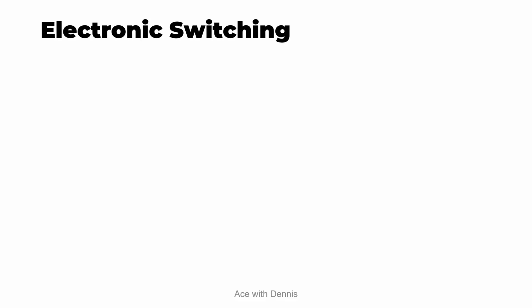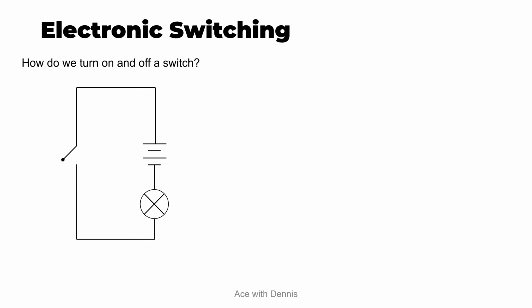Now, let's learn how electronic switching works. Think about this question. How do we turn on and off a switch? Let's look at this diagram. This diagram is made out of a battery, a switch, and a light bulb connected in series. So in order to turn on the switch, we need to use our finger to press the switch button, and then the switch will close.